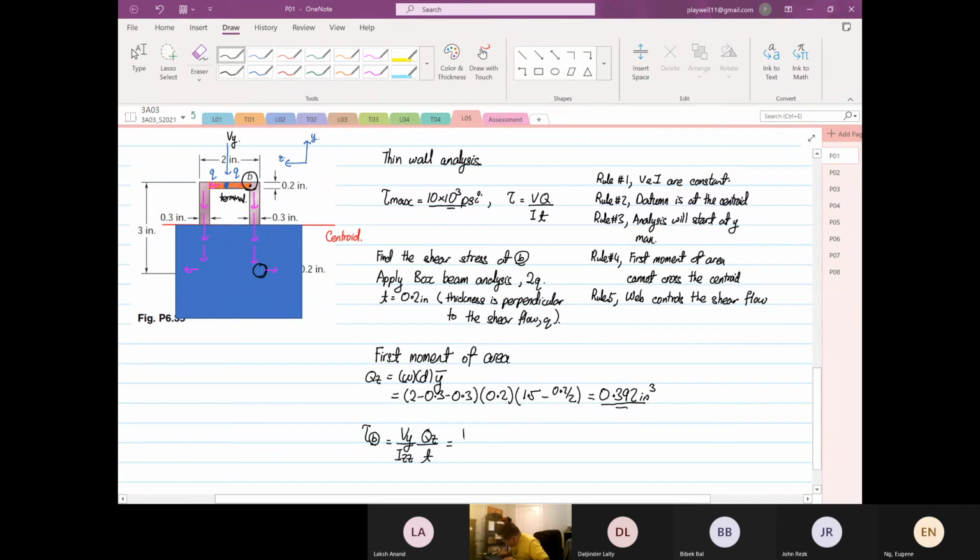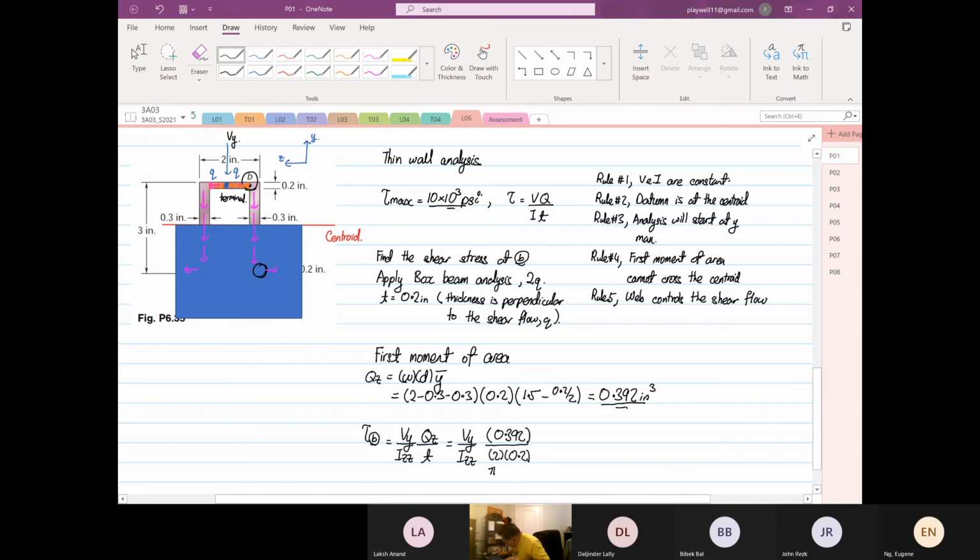So I don't know what Vy is. I did not calculate Izz. We know Qz is equal to 0.392. And then the thickness, you have to consider 2 multiplied by 0.2.